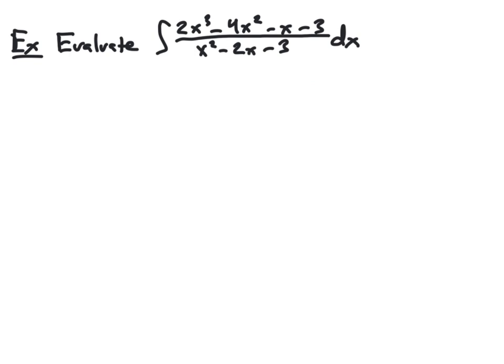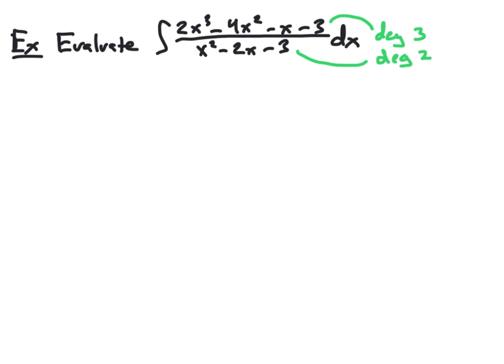In this example, we want to evaluate the integral of 2x cubed minus 4x squared minus x minus 3 all over x squared minus 2x minus 3 dx. When we look at this rational function inside the integral, we notice that the numerator has a degree of 3 because of the x cubed term, and the denominator has only degree 2.